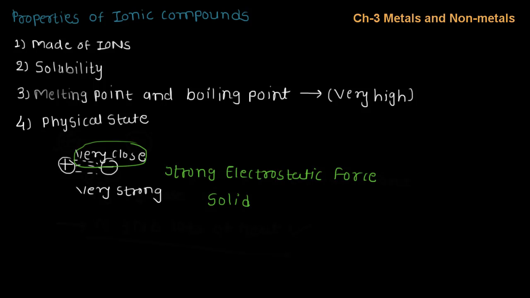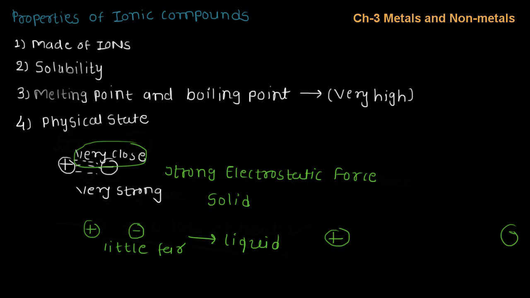If ions, positive and negative, are a little far, then they will be in the form of liquid. If they are very far, like this and this, I have denoted the distance only as much as I have on my screen, but they are very far, then they will be gases.